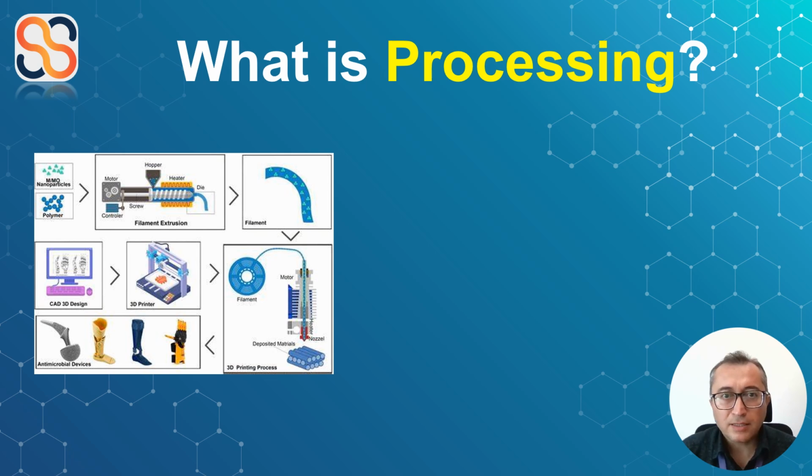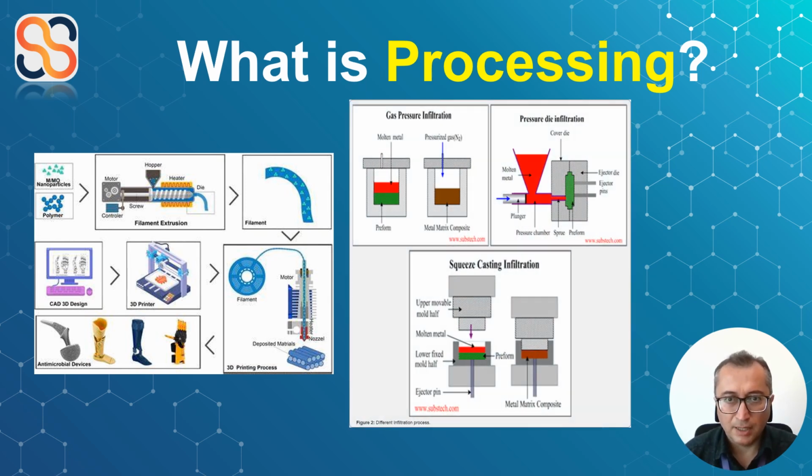Alright, let's start with the first part, processing. So, what does processing mean in material science? It's basically how we handle or treat a material. Think about it like baking a cake. How long you bake it, how high the temperature is, or how fast it cools down will affect the final result.